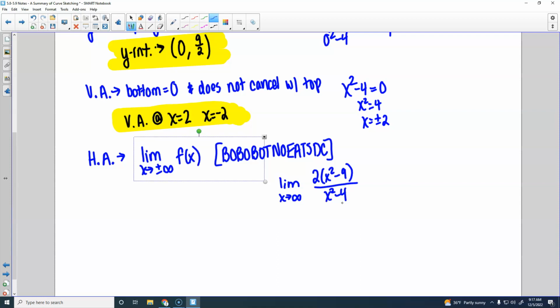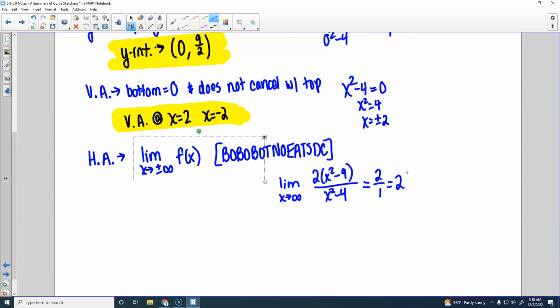Bigger on bottom, bigger on top. Exponents are the same. Because you could distribute that 2 right there, but you still just have x squared on top and bottom. So exponents are the same. Divide coefficients. So we're just going to get 2 over 1, which will give us 2. Would this be any different for negative infinity?